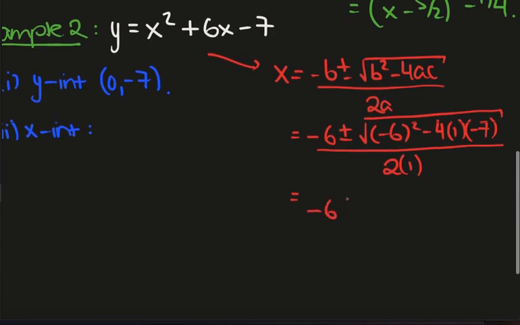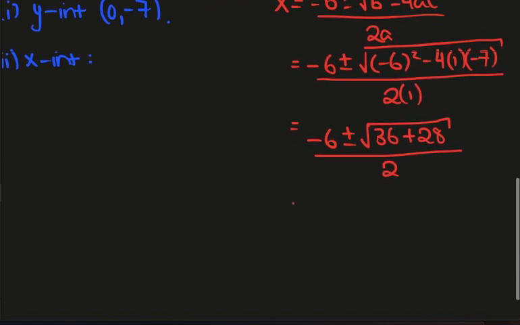So what we have here is negative 6 plus or minus the square root of 36 plus 28, all divided by 2. So we get negative 6 plus or minus the square root of, this ends up being 64, over 2.